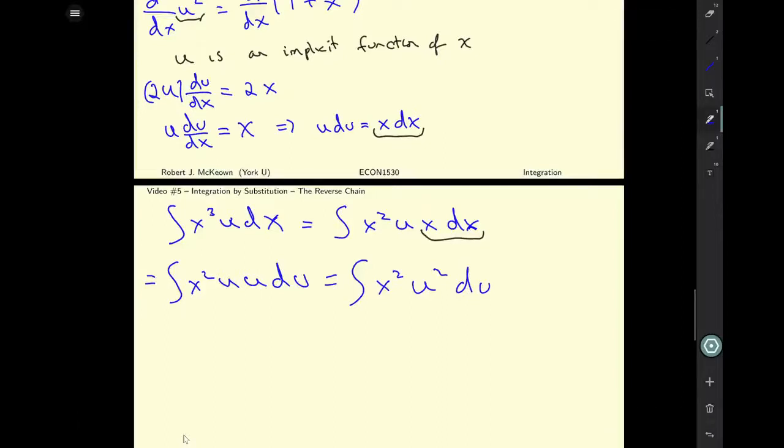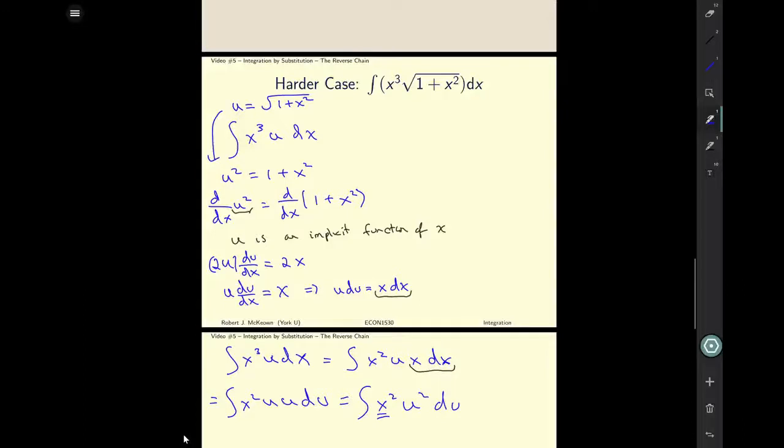Now I'm getting closer, but I'm not there yet because of course I've got this x squared floating around. But remember what I defined u as. Specifically here, u squared is equal to 1 plus x squared. And that means that x squared is going to be equal to u squared minus 1.